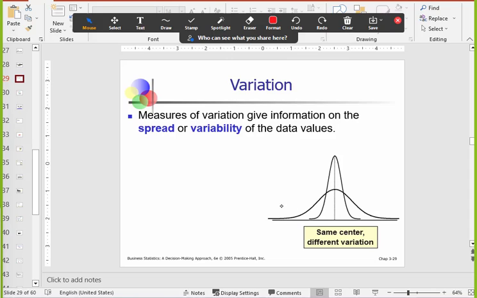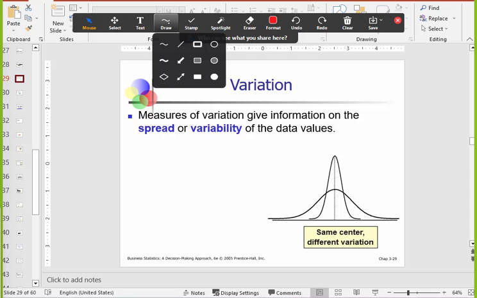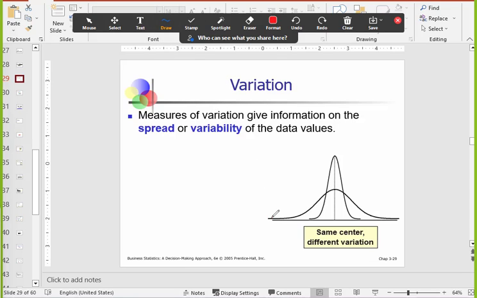The more spread out the data is, the more variation it has. More spread out means that the individual observations can be found very far from the center, or if the peak is high, then individual values are found relatively near to the center.